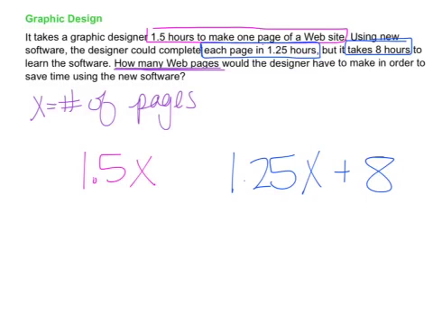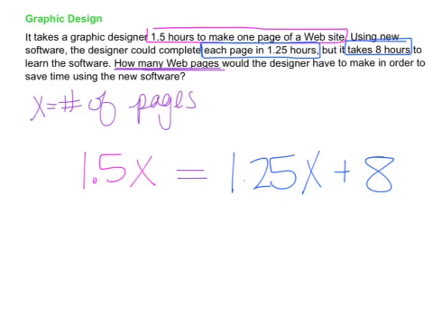So how many would he have to make in order to save time? So he wants to save time. Setting them equal to each other would give us the least amount of pages he would have to make. And so from here, we just have an equation, and it's rather a simple equation that we can solve.